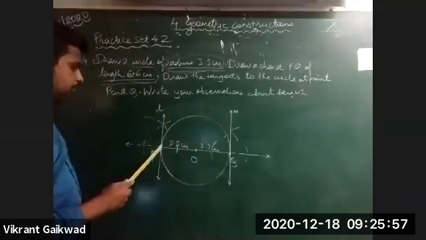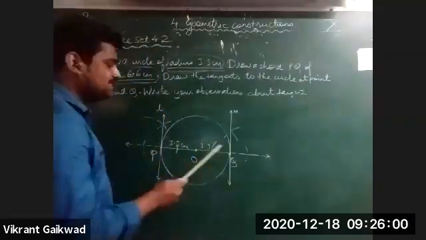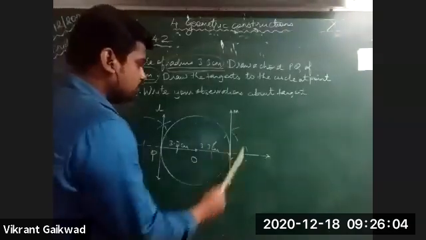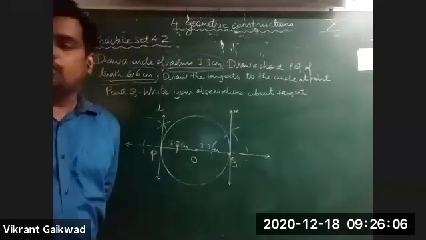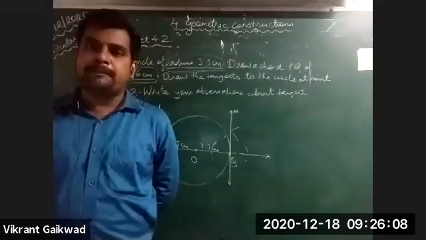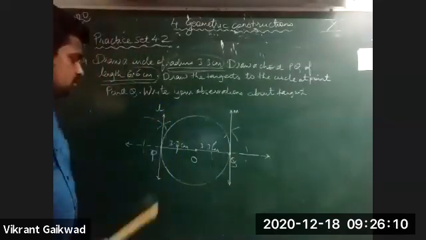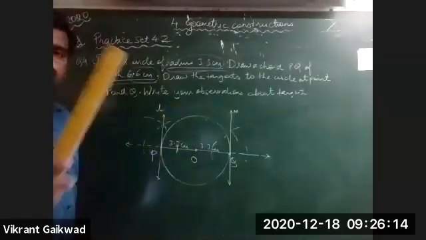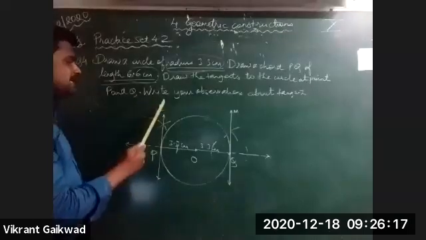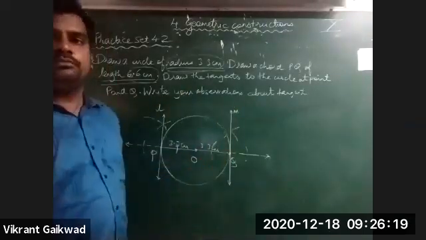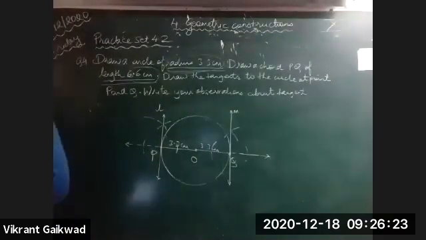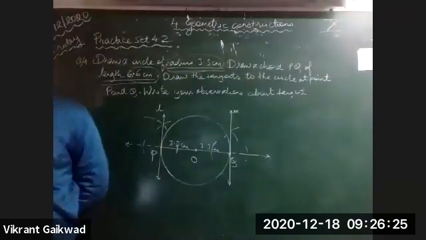So at point P and at point Q, you're going to draw the perpendiculars. You'll get angles of 90 degrees. Once you draw the perpendiculars, line L and line M are going to be the tangents to the circle. Is this clear to all the students?